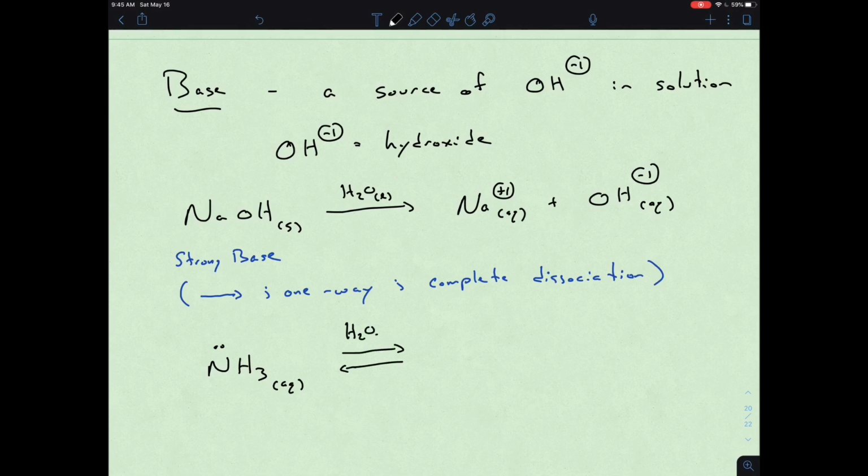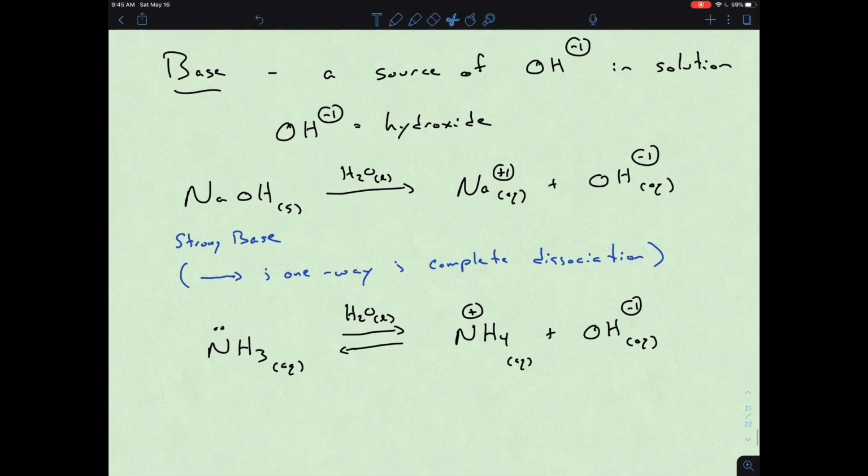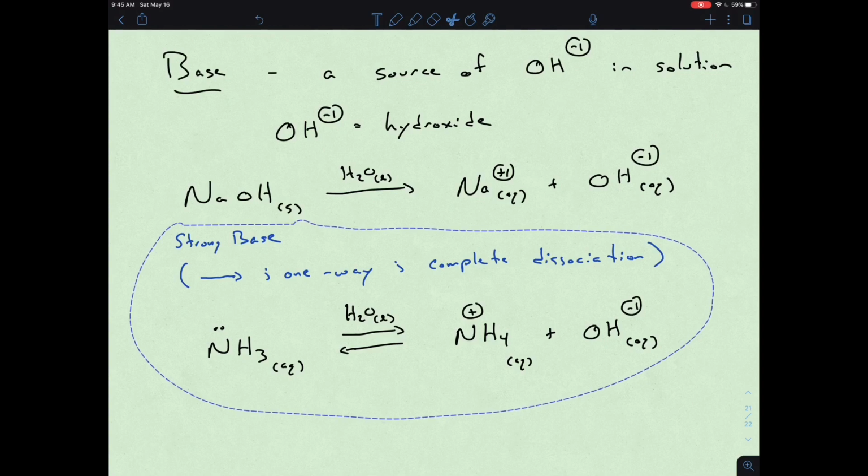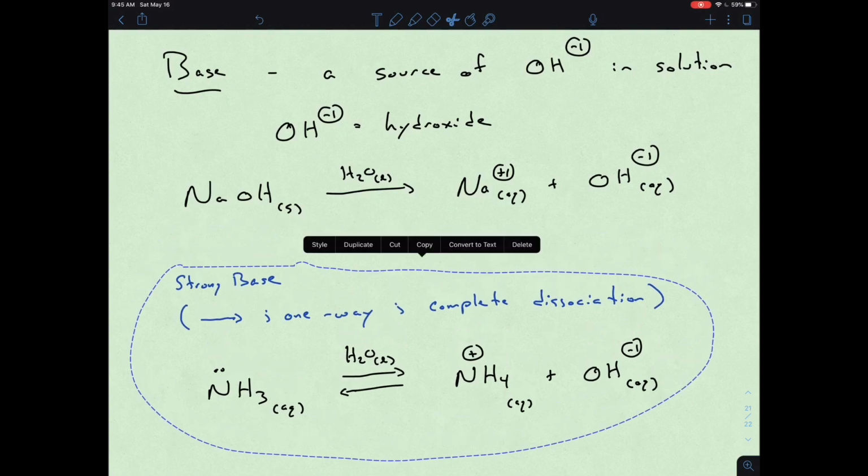And just like our weak acids, we find that these are now equilibrium-driven processes where the ammonia actually accepts a proton from water and then generates hydroxide. So we have that idea that in both cases we need to generate OH.